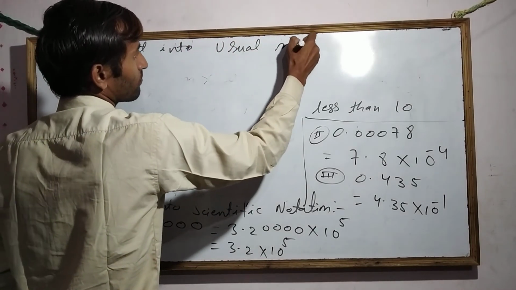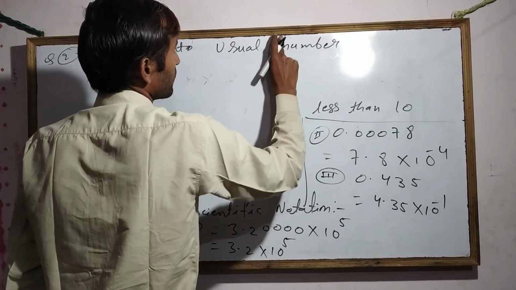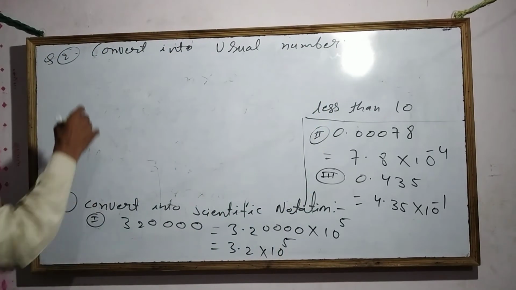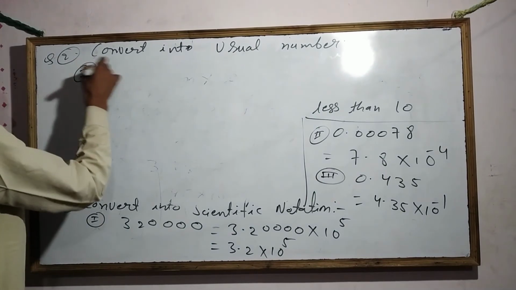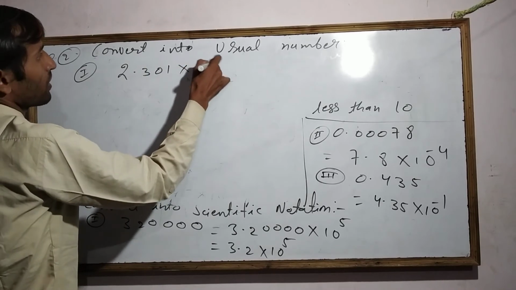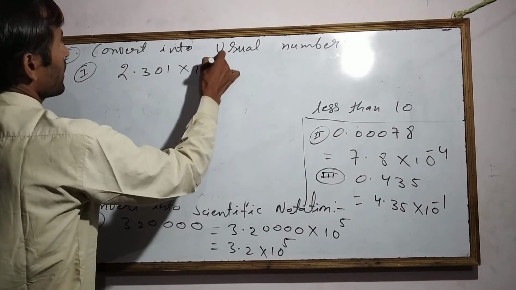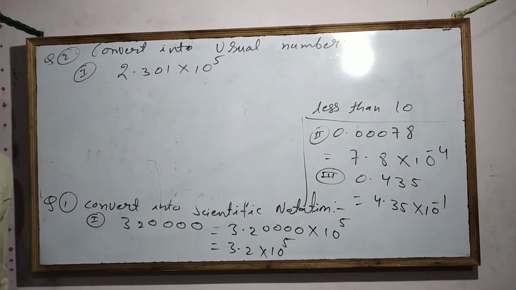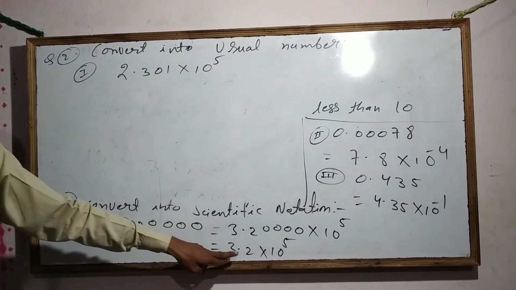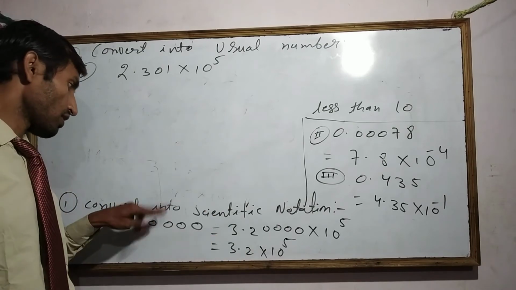Means a scientific number is given, we have to convert into a usual number. Just see here, 2.301 into 10 to the power 5 is given. We have to convert into a standard number, like this.